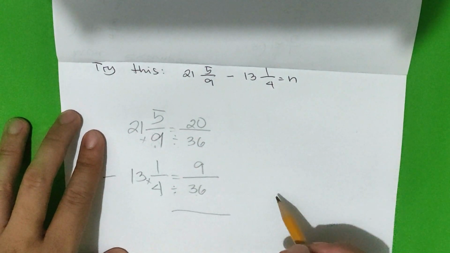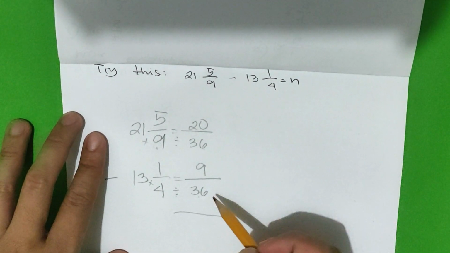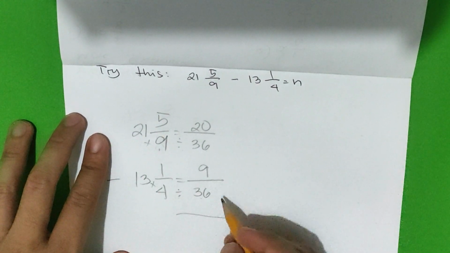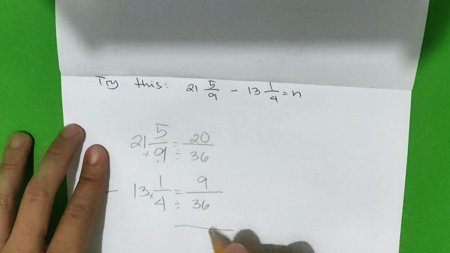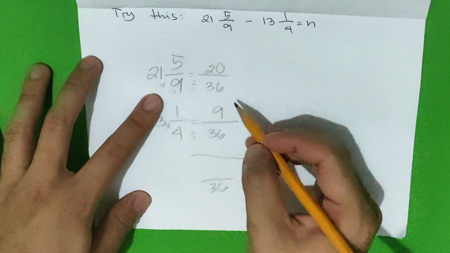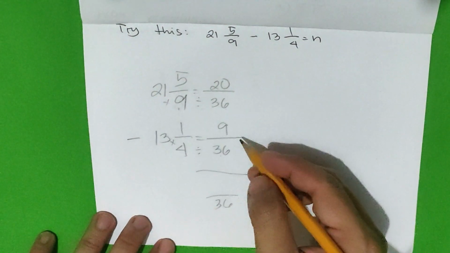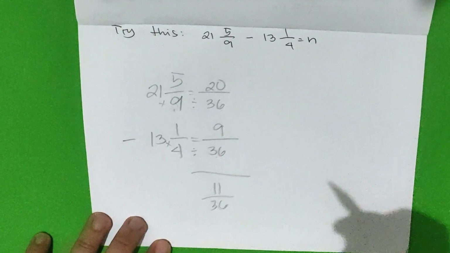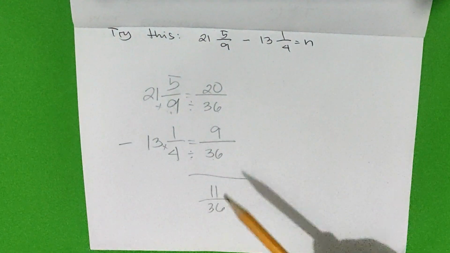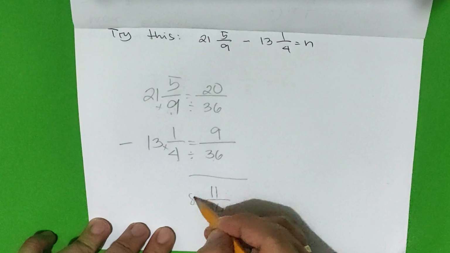And now, we can proceed with subtracting our set of fractions. So since our set of fractions are similar fractions, let us just copy the denominator 36 and subtract our numerators. 20 minus 9 is equal to 11. And let's subtract the whole numbers 21 and 13. 21 minus 13 is equal to 8.